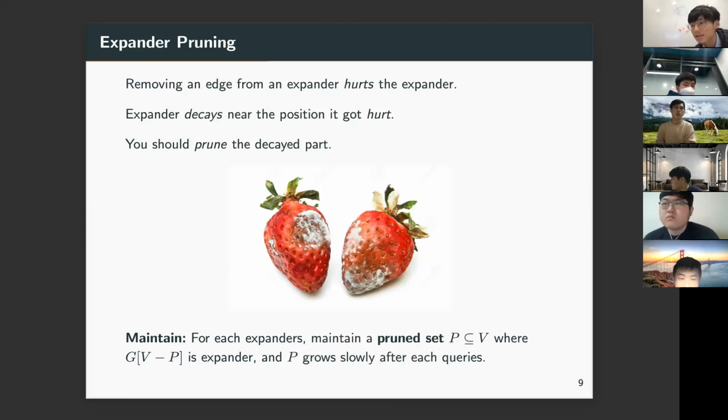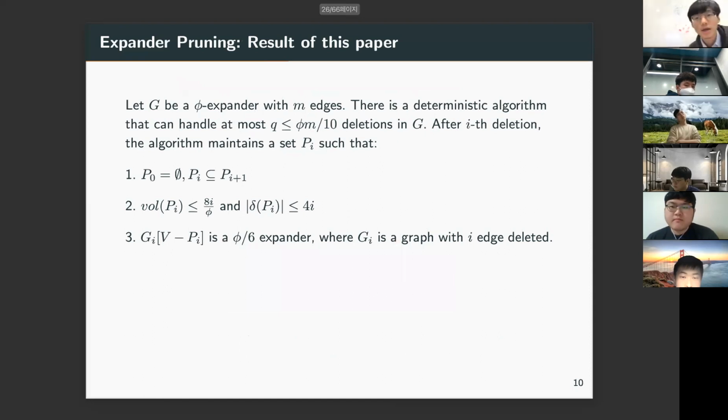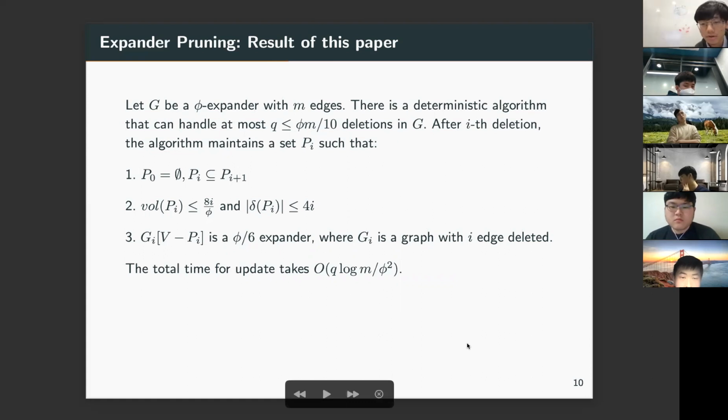So for each expander in the expander decomposition, you maintain a pruned set P where, if you remove it, the graph is guaranteed to be an expander, and P grows sufficiently slowly, so you don't have to alter a lot after each query. The result is like this. I won't get into the actual number crunching, but basically the volume doesn't grow fast in an amortized fashion, each graph is an expander, and the total update time is logarithmic.